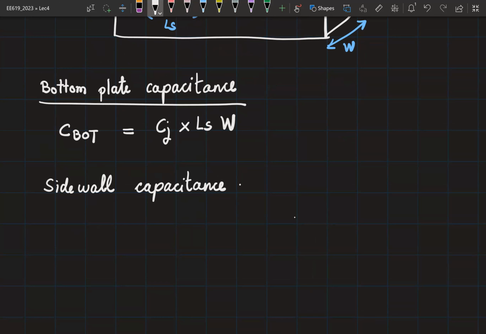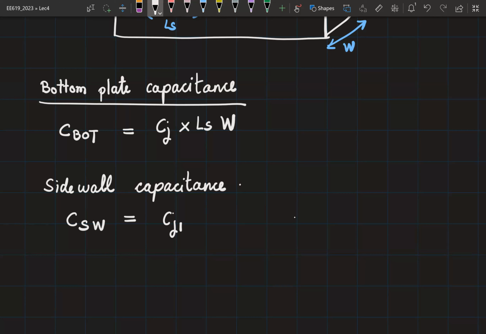So I'll write it as CSW. I'll call this CJ1 because it turns out the doping concentration seen on the sides of the drain and source region is different from that seen at the bottom. So these three sides will be slightly higher dose, called the channel stop implant.